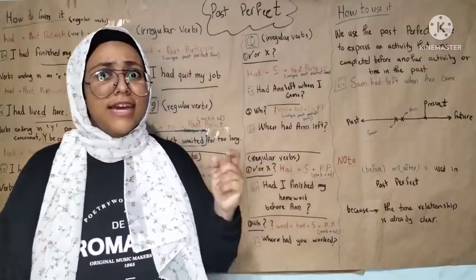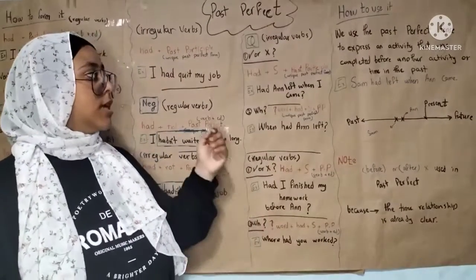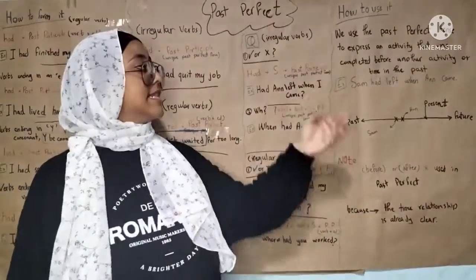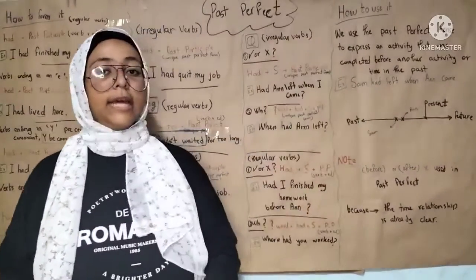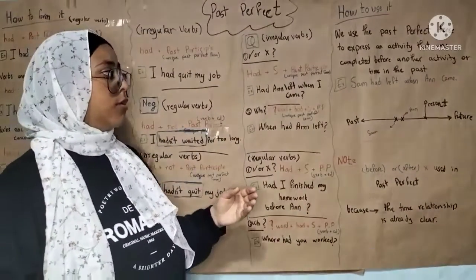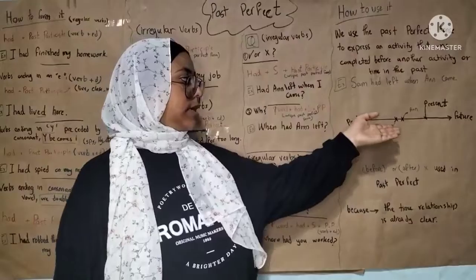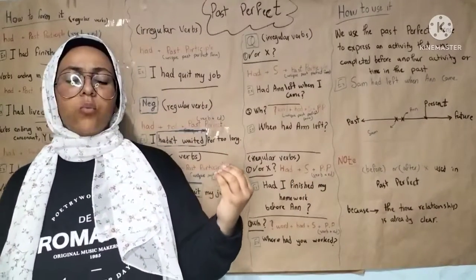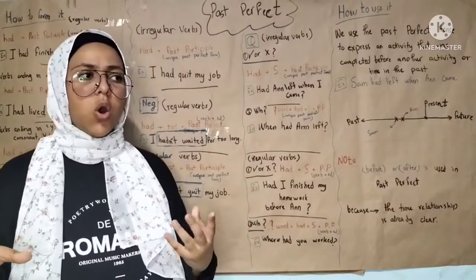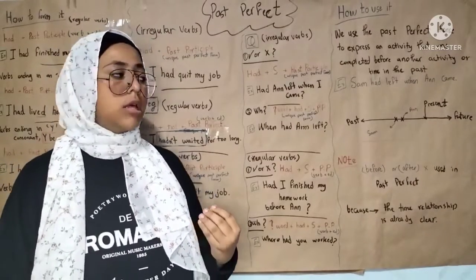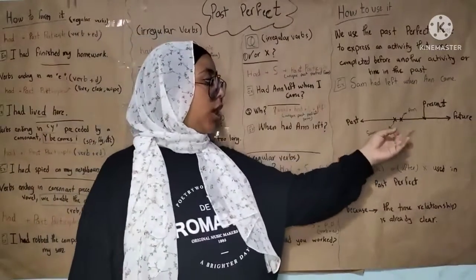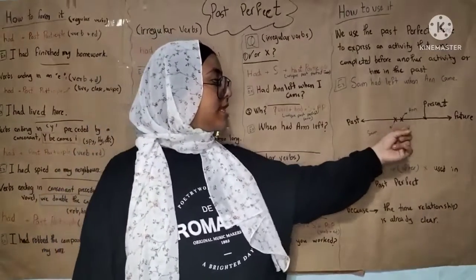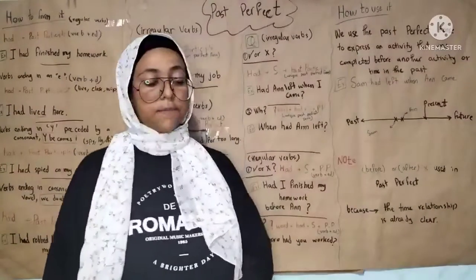Yeah, it's so simple. So, for example, Sam had left when Anne came. This chart here tells us which one happened first. This action here refers to Sam and this action here refers to Anne.